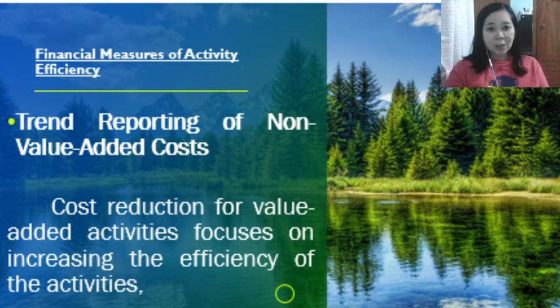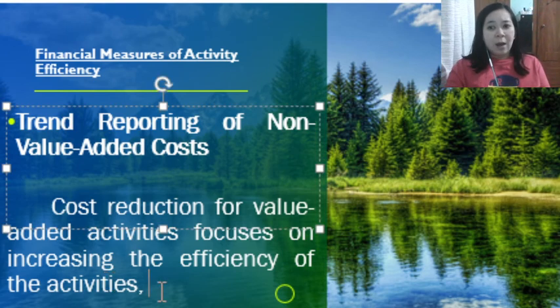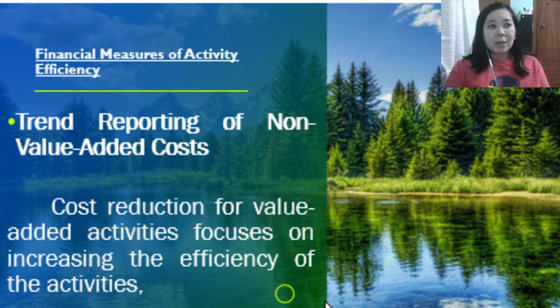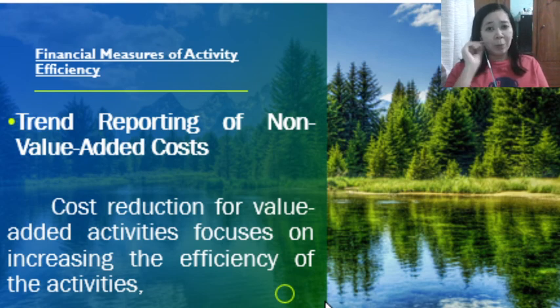Cost reduction for value added activities focuses on increasing efficiency, if that is possible, so that they will not be eliminated. This is especially the case if those activities are necessary but are performed inefficiently or their output is inefficient, so there is still room for improvement.